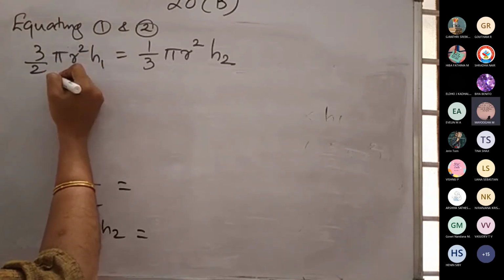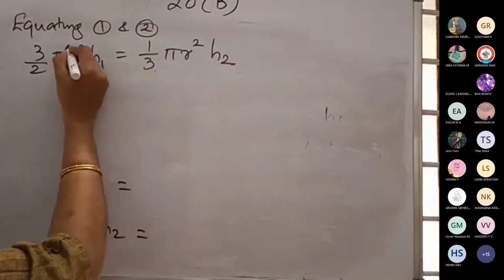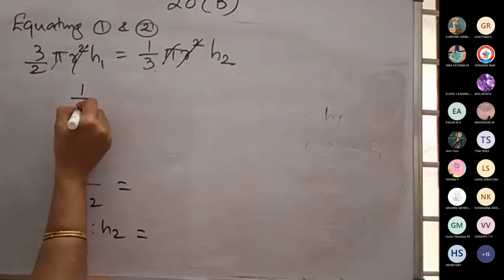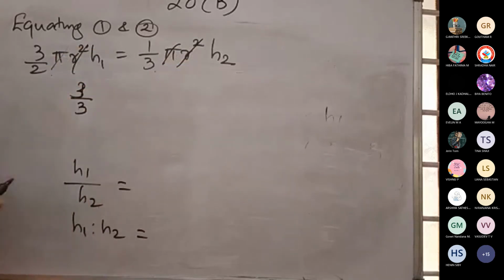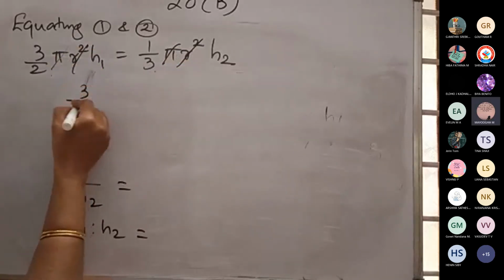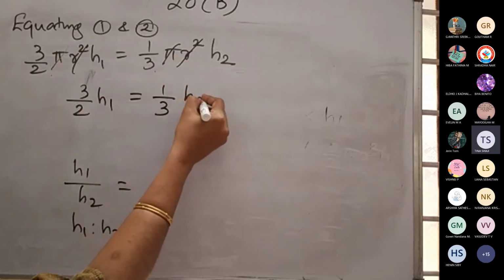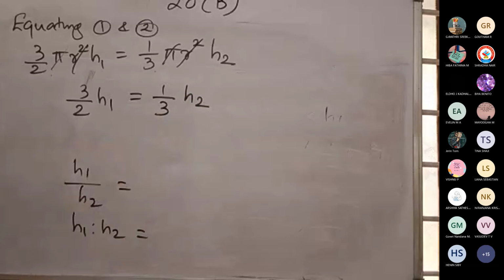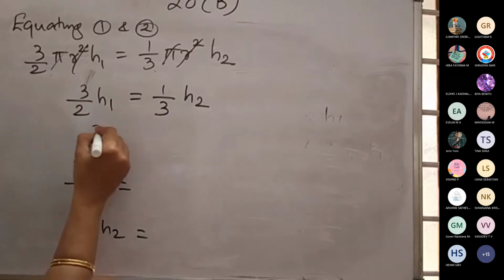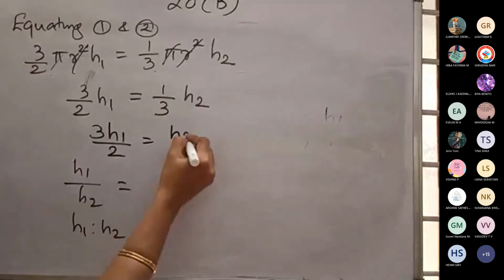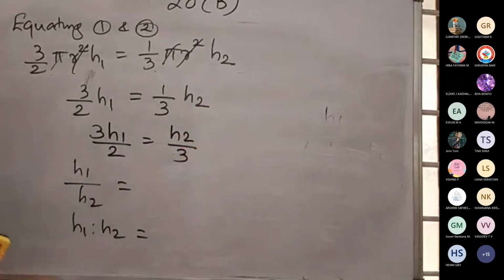Pi we can cancel. R square also we can cancel. Remaining 3 by 2 H1 is equal to 1 by 3 H2. So this means 3 H1 divided by 2 is equal to 1 into H2, that is H2 by 3, isn't it?